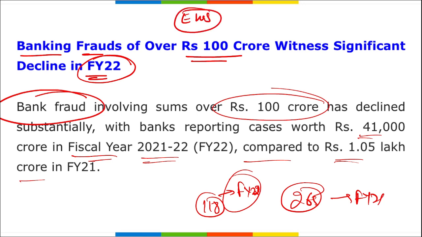It is a select group of scheduled commercial banks. All right, also machine learning algorithms were used to assess the efficiency of this early warning system framework in few banks. So question can be asked that this early warning system was implemented by whom? It was an effort of RBI to reduce the banking frauds, and this is early warning system, EWS.